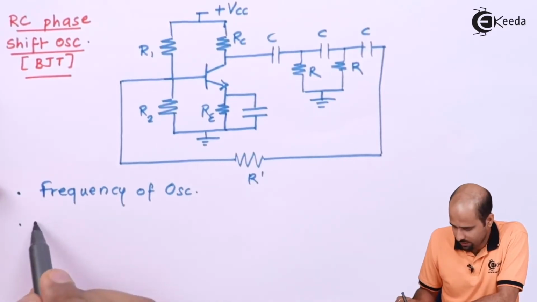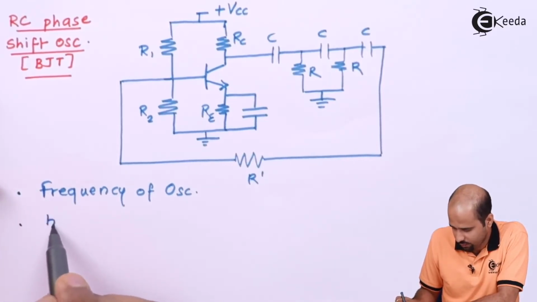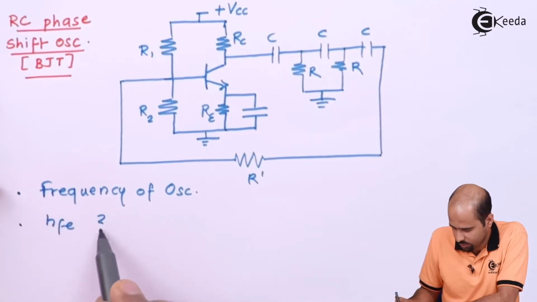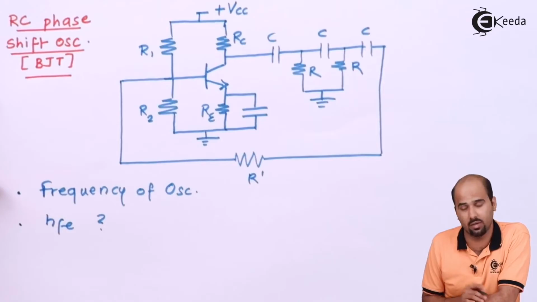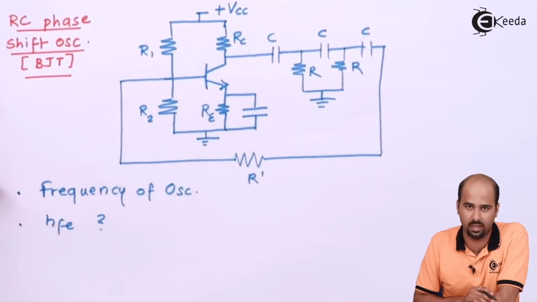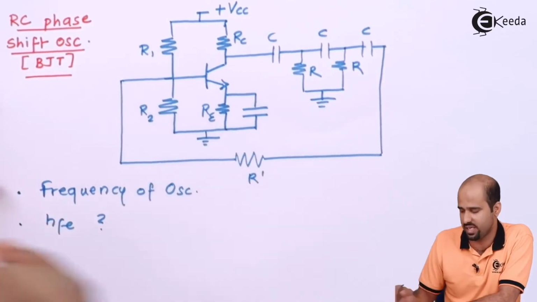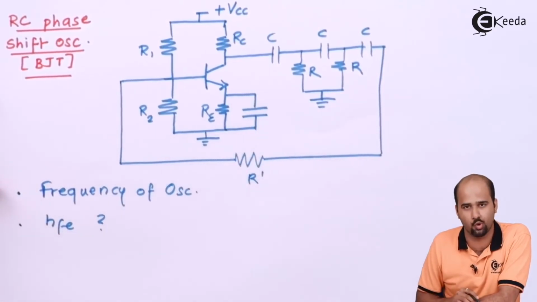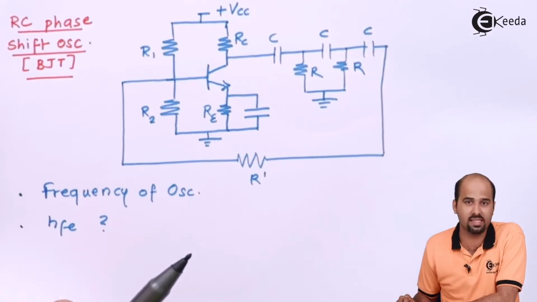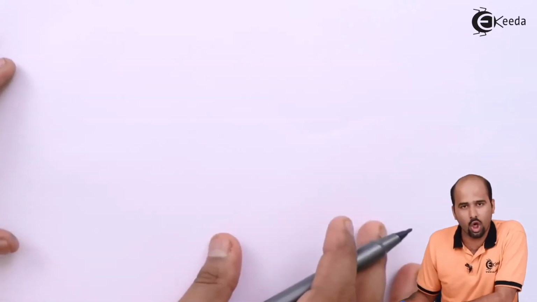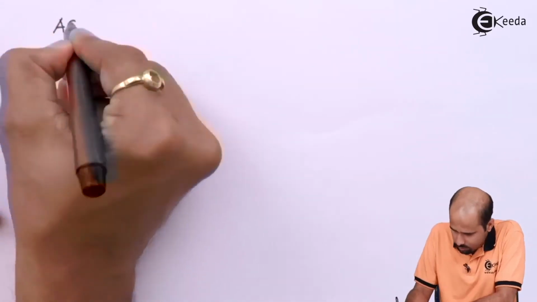So I will say HFE is how much? Basically HFE is the factor for BJT which decides the value of the gain, because I know that HFE upon HIE into RC is the gain of the CE amplifier if a bypass capacitor is used. So we will take the derivation by using the AC equivalent model. We will draw the AC equivalent model.